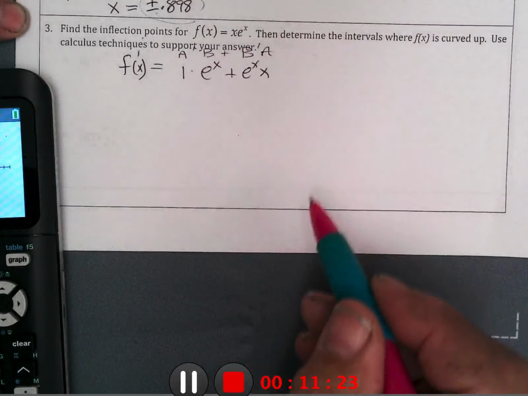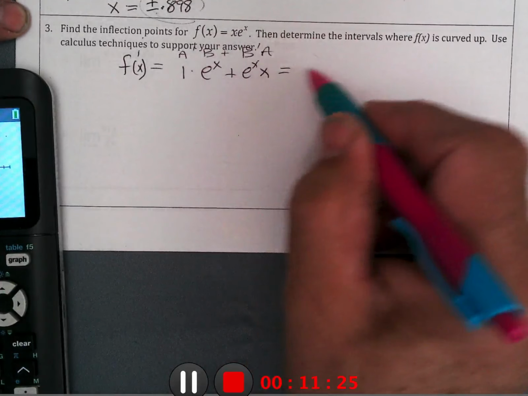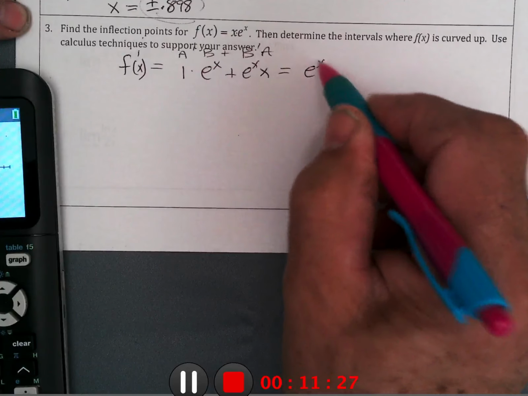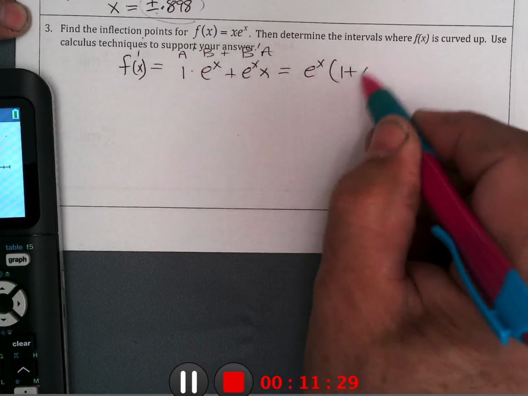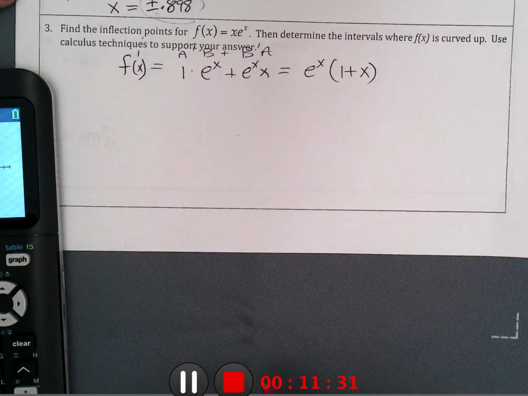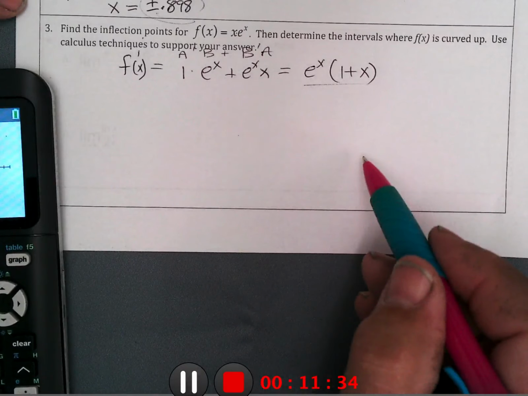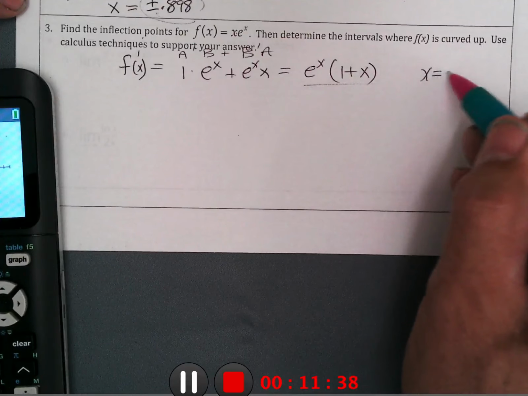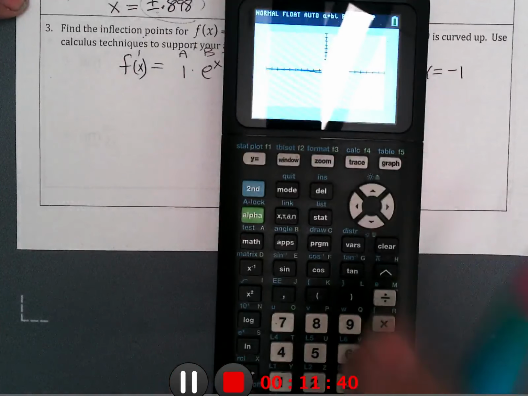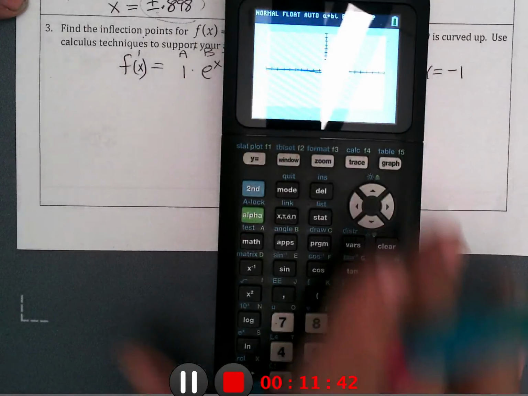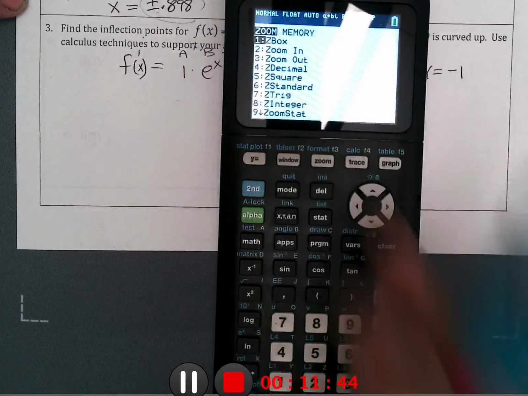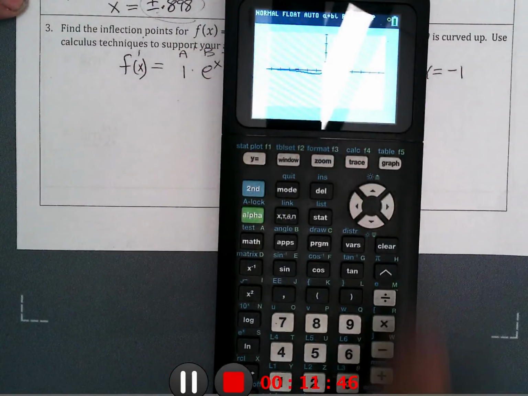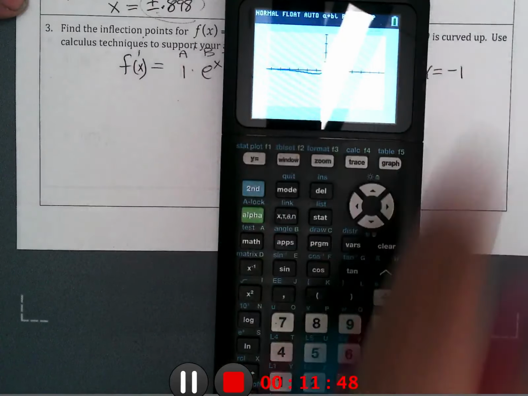Factor out the e to the x times 1 plus x. And there's the first derivative, and so it looks like I would have a maximum at x equal minus 1. That looks reasonable. Let's zoom forward, see it a little closer. Looks like we got a min at minus 1. But that's not what I need to find.